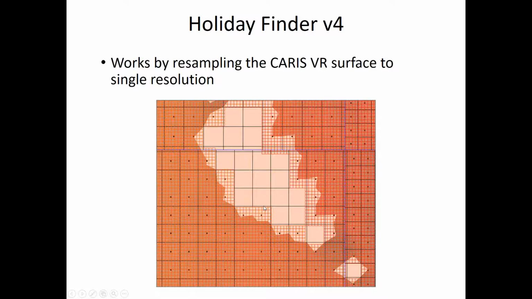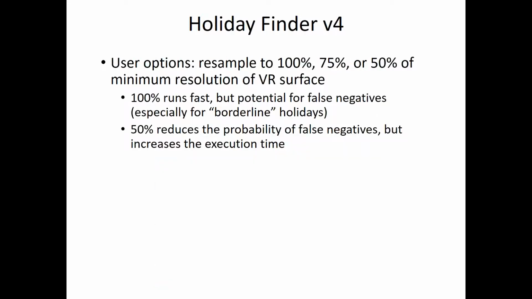And we're doing the holiday analysis on that fixed grid then. So you see here this holiday size, right? If you could see where I have my mouse, you actually have coverage within that entire grid cell. So that's all covered. And then we're just measuring across all the space that's a holiday in that single resolution grid. So it's computationally probably a little more cumbersome than the current tool.